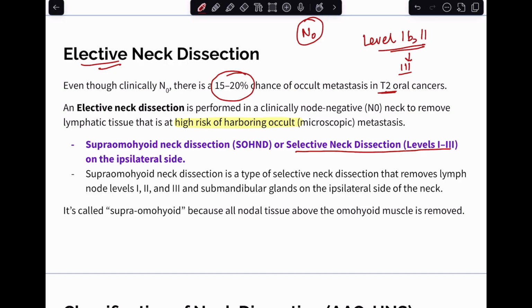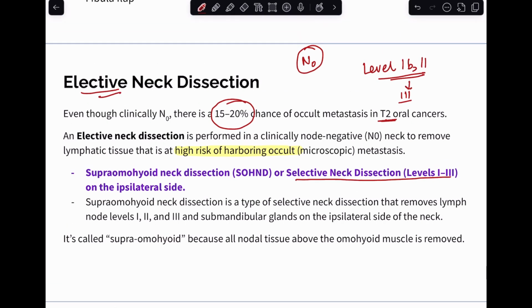This is known as supraomohyoid neck dissection because we are removing all of the nodal tissue which lies above the omohyoid muscle. So, this is what our treatment is. We have discussed the wide local excision, what reconstruction we would do after the primary defect is left, and how we would treat the neck disease.